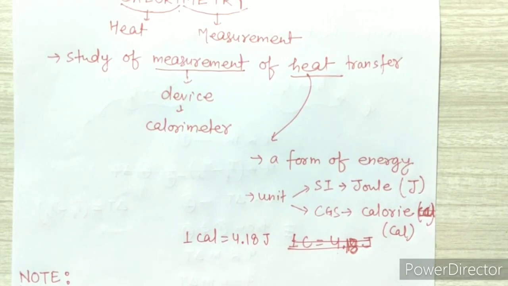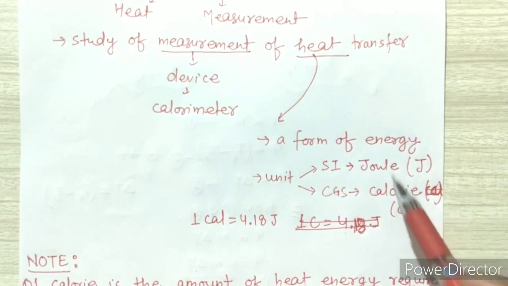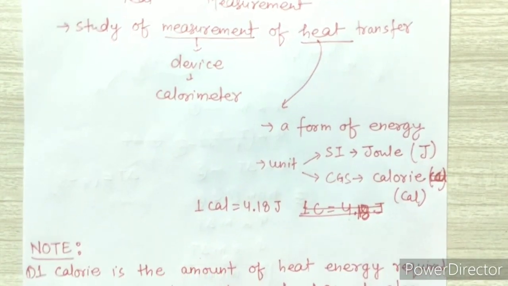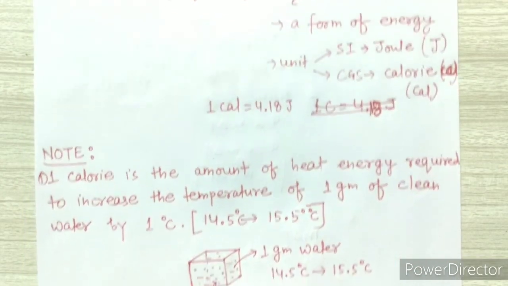Sometimes people get confused that the CGS unit of heat is erg, which is wrong. Erg is the CGS unit of energy and not heat. And the relation between joule and calorie is 1 calorie is equal to 4.18 joule. Now we will see the definition of calorie.